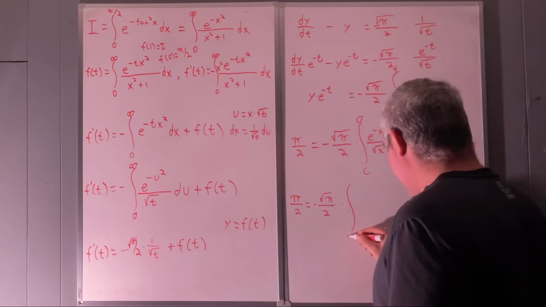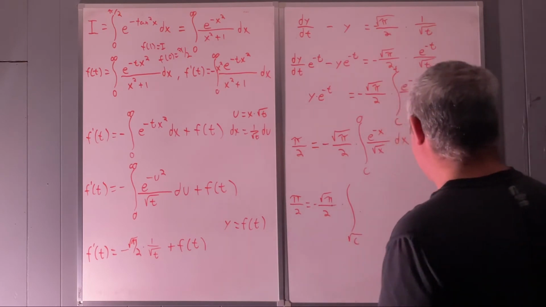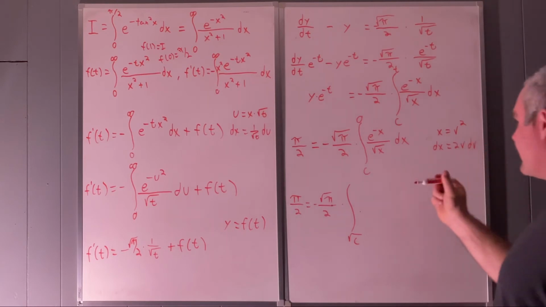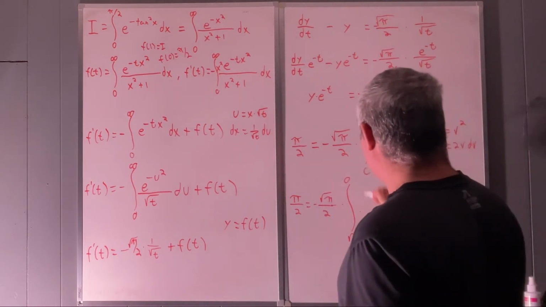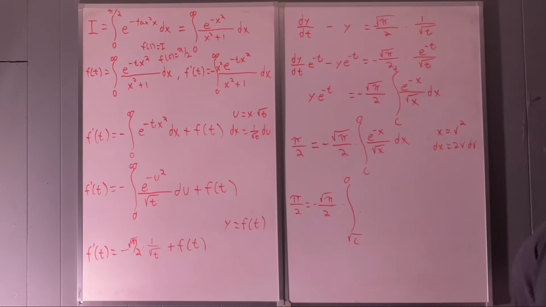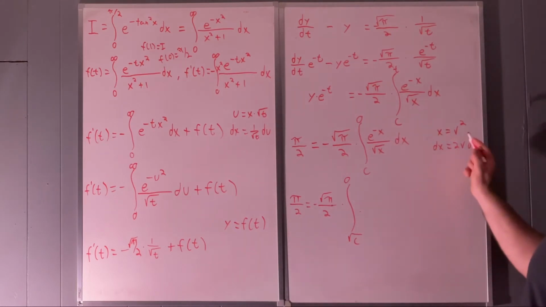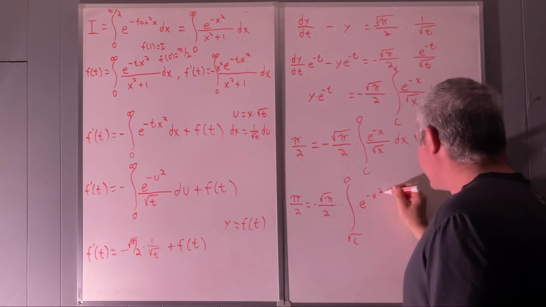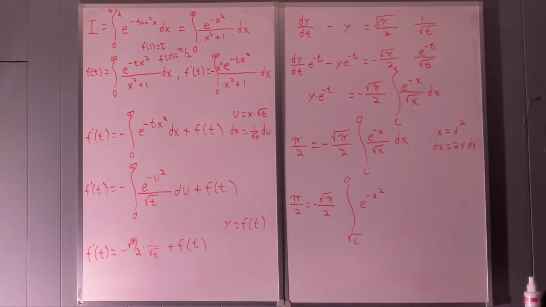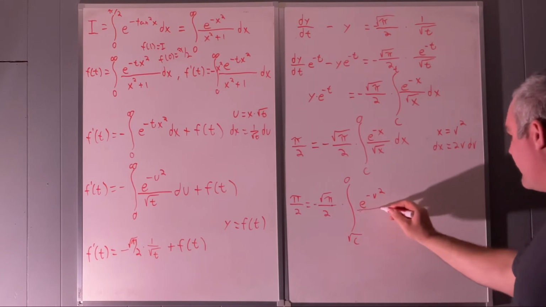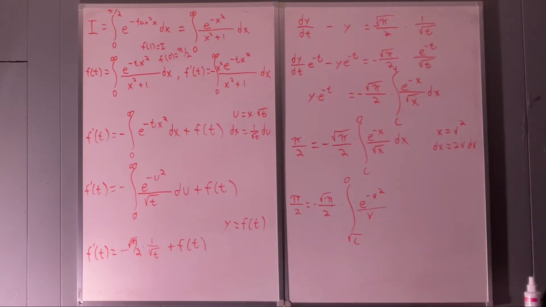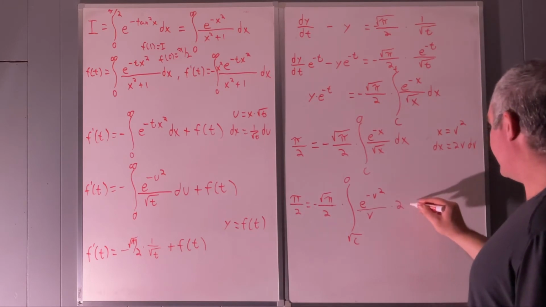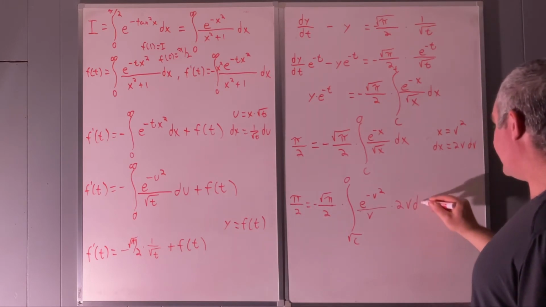I probably could just write c. And our upper bound is 0, so it remains 0. And then we have e to the negative v squared over v times 2v dv. I have to be very, very careful.